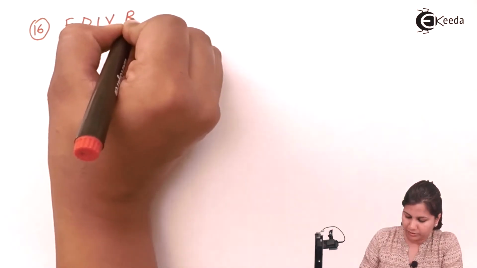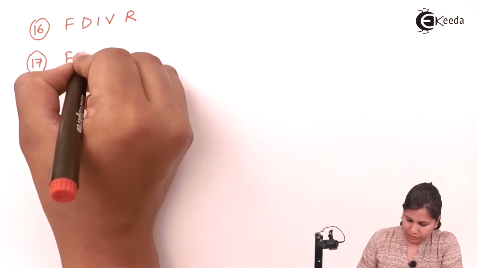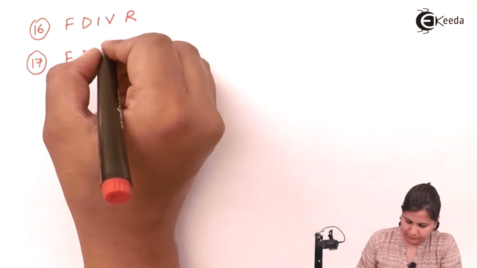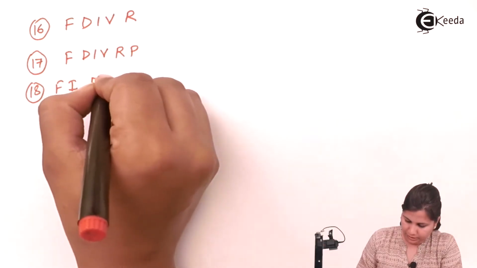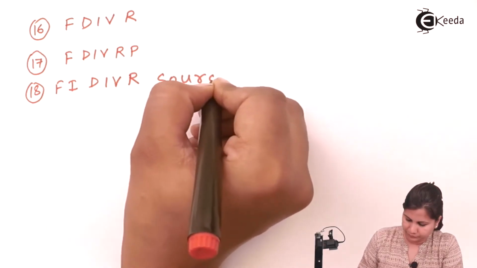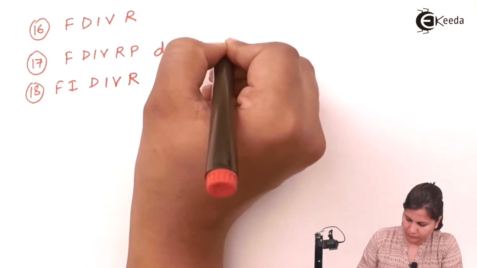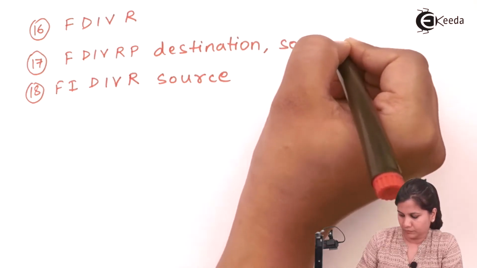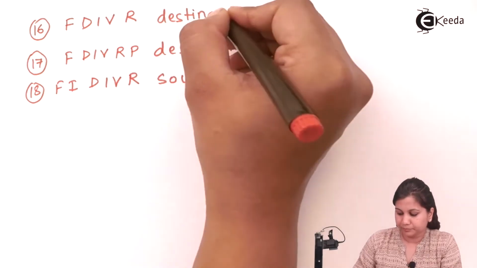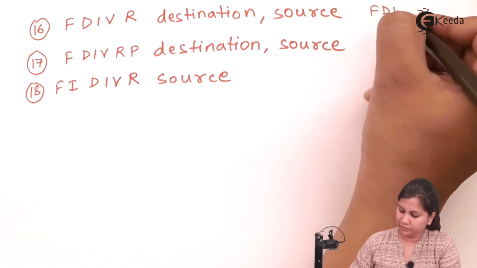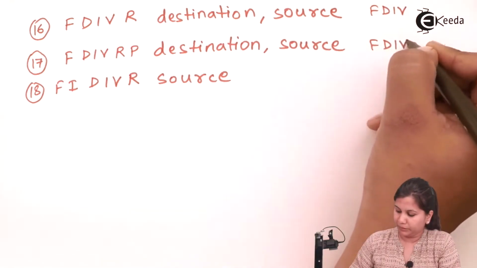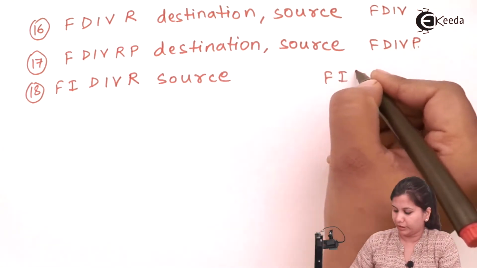So in division also, for reverse action we have three instructions: FDIVR, FDIVRP, and FIDIVR.